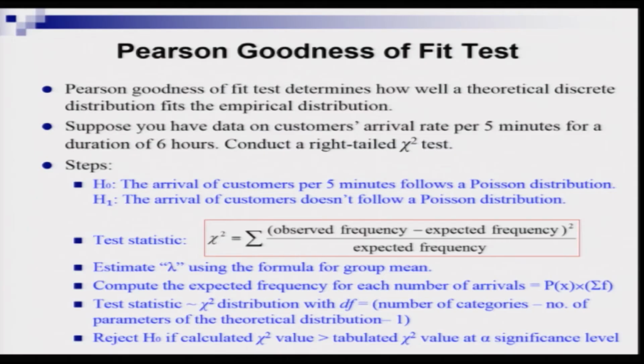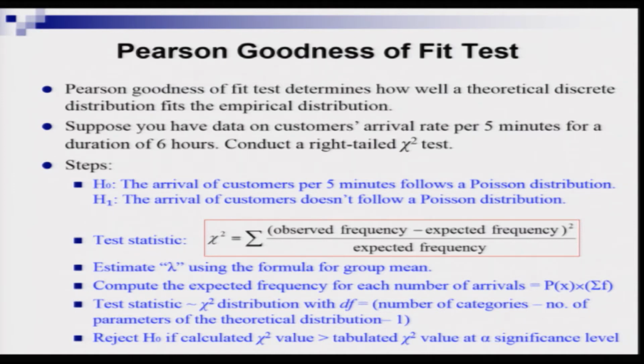So, if you want to calculate the Poisson probability, what comes to your mind? You have to know the parameter value for the Poisson distribution, is not it? So, for a Poisson distribution we have to know the value of lambda. Lambda is the mean of the Poisson random variable. So, how can we get a proxy for lambda? You need to estimate lambda by using the formula of group mean, right.